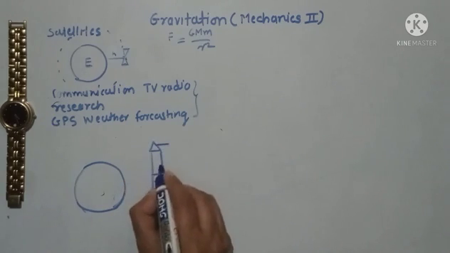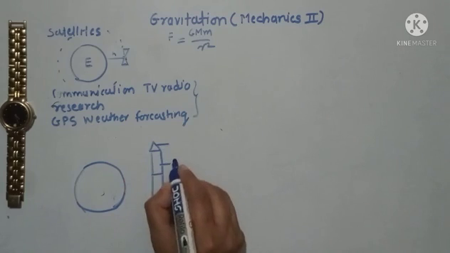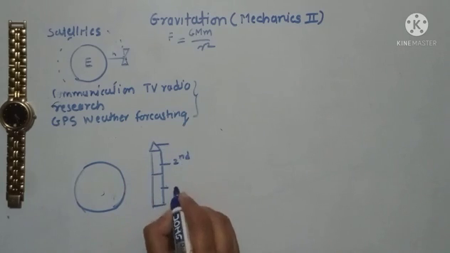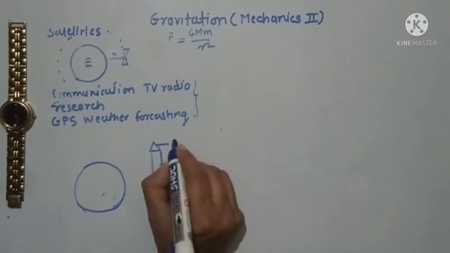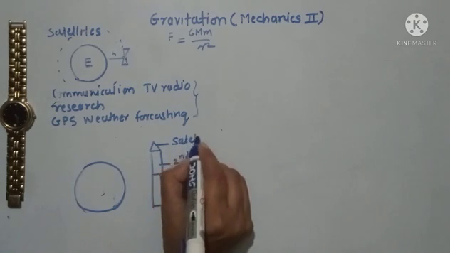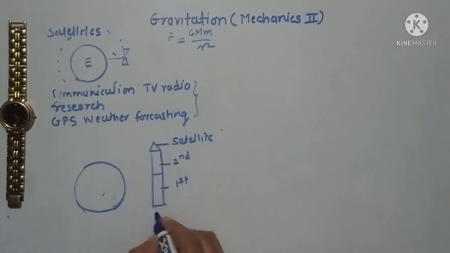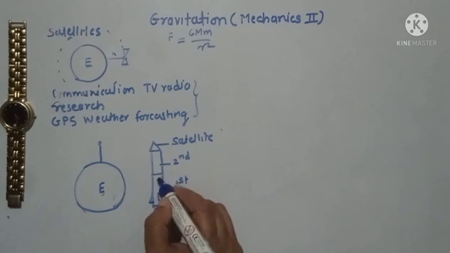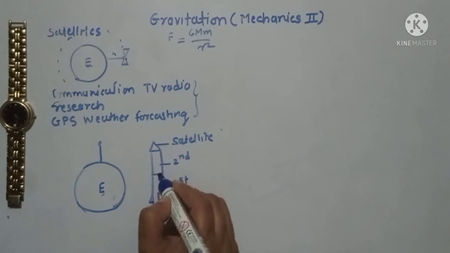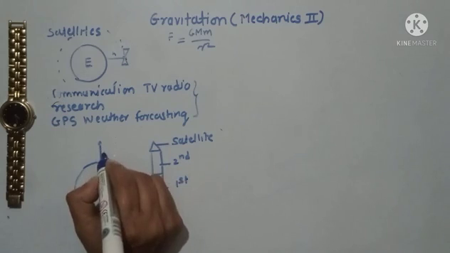This is the satellite, this is the second stage, and this is the first stage, and the satellite is situated at the top of the rocket. After the complete burning of the first stage, the satellite along with the second stage reaches a particular height h.